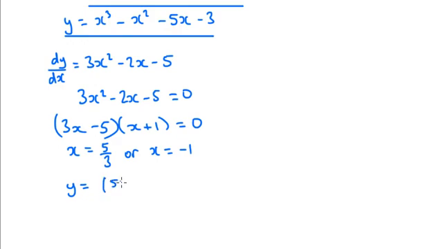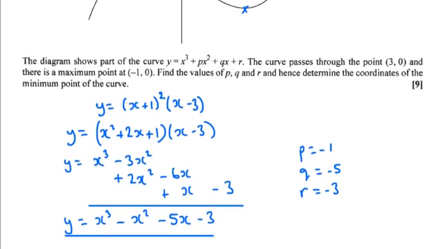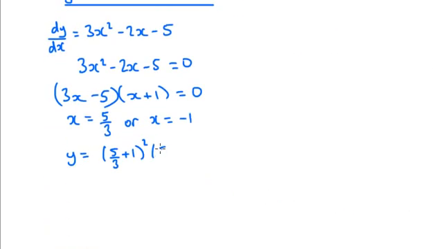So we're going to have 5/3 plus 1 squared times 5/3 take 3. That's going to give us, so this will be 8/3 squared times by, I'm going to write that as 9/3, so 5 take 9 is minus 4/3.